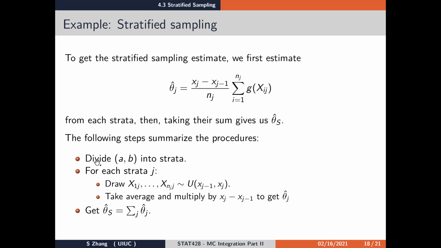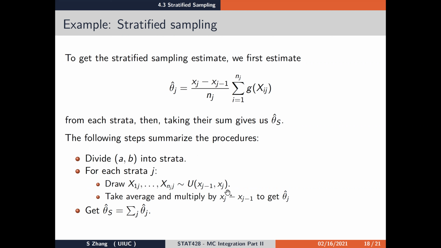First step is to divide the interval from a to b into strata. In our case, we want to divide 0 to 1 into 10 equally spaced intervals, so each of them will have width of 0.1. Then for each of the strata, so for the jth stratum, we want to obtain a series of draws, x_1j all the way up to x_{n_j}j, where n_j is the number of draws we obtain from the jth stratum, from the uniform distribution between x_{j-1} and x_j.